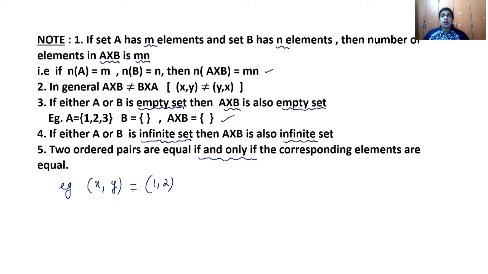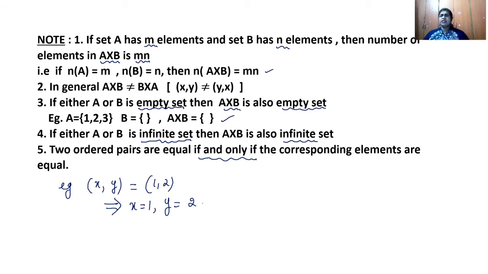So what is the condition telling you when they will become equal? Only if the corresponding elements are equal. What do I understand by that term? X corresponds to 1, so I get X is equal to 1, and Y is equal to 2. Hope the idea of 2 ordered pairs becoming equal is clear.